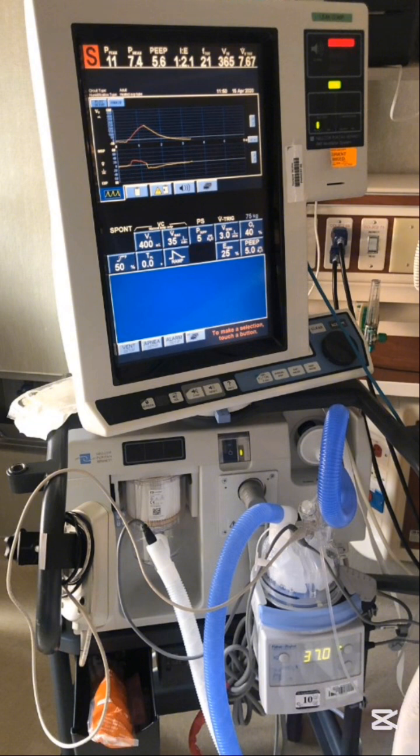The next situation is hypoxemia or hypercapnia. Hypoxemia, that is low blood oxygen level. You ask for the ABGs and the partial pressure of oxygen is below 60 millimeter of mercury, then it means the patient is hypoxic. You look at the saturation of oxygen that is dropping.